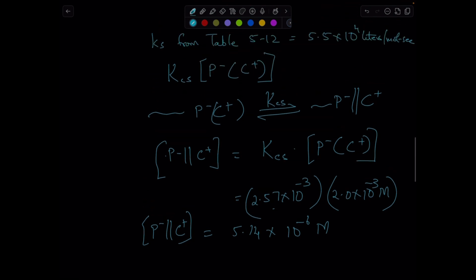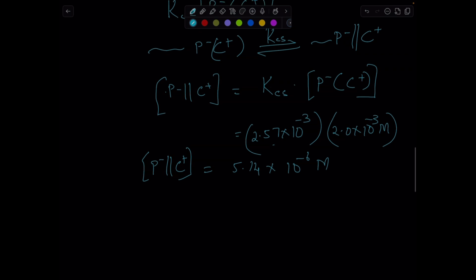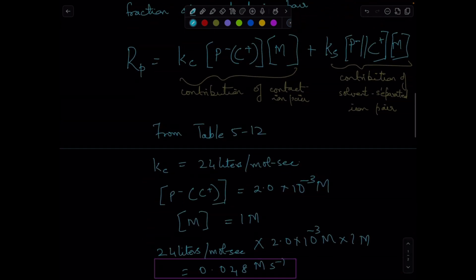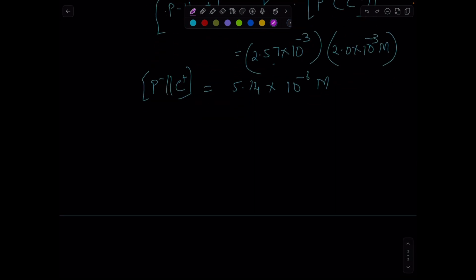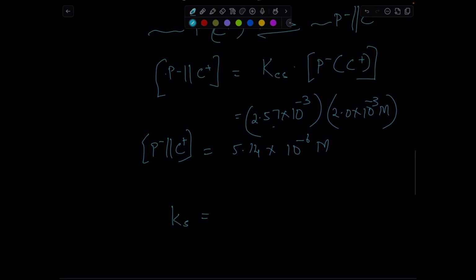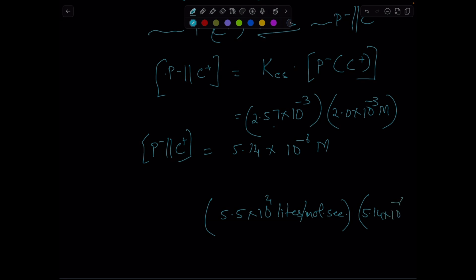So plugging this into the contribution for solvent-separated ion pair here, we can say that contribution from the solvent-separated ion pair is Ks, which is 5.5 times 10 to the power 4 liters per mole second times concentration of the solvent-separated ion pair, which is 5.14 times 10 to the minus 6 molar, times the concentration of styrene, which is 1 molar.